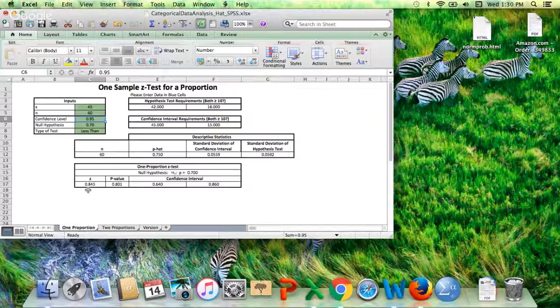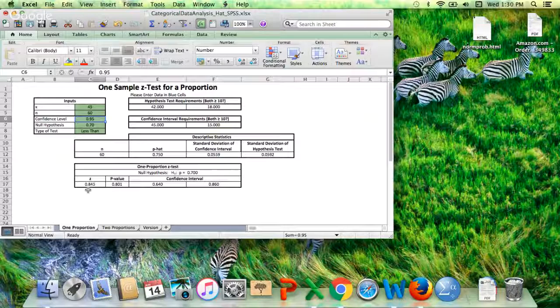On your thing here, does it say the P and the P-hat? It gives us the P-hat at 0.75. But then look down there, the null hypothesis P equals 0.7. So do we use P-hat or P to find the margin of error? It says we use P, not P-hat.